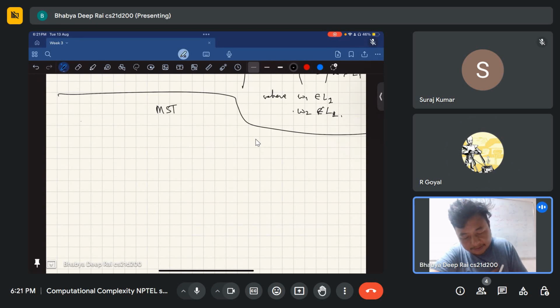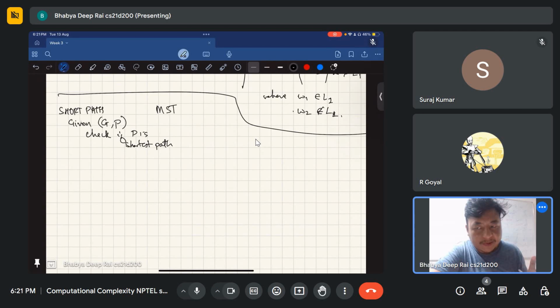Okay, so I'll call it short path. Given G and a path P, check if P is a shortest path.